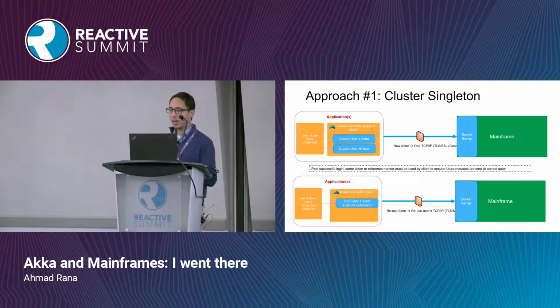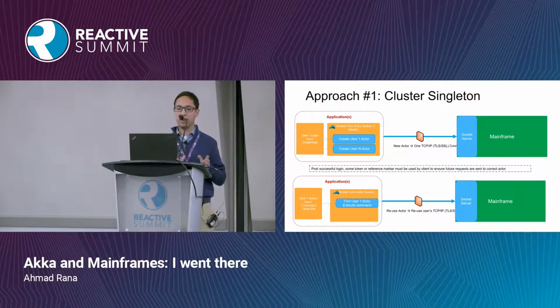This particular approach is something that we actually did initially get all the way up to production in this particular use case. We leveraged a capability such that as the users were logging in and entering their credentials on a particular part of this application, we took those credentials and said, okay, we're going to create user ABC or user John Doe actor.